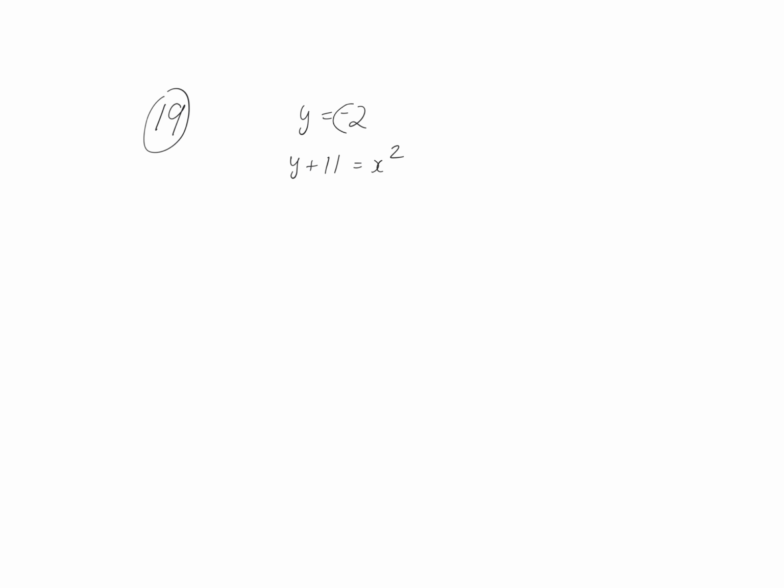We take this negative 2 and we put it in there. We get negative 2 plus 11 is equal to x squared. 9 is equal to x squared. So if we square root both sides, to get rid of this square here, it's really going to be plus or minus root 9. So the answer is plus or minus 3. So the answer is D.